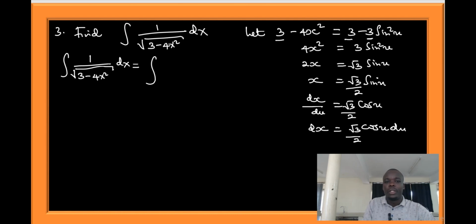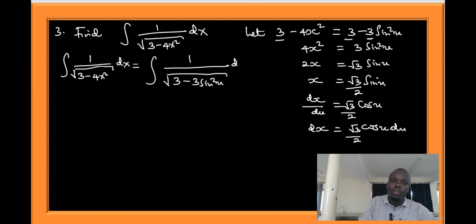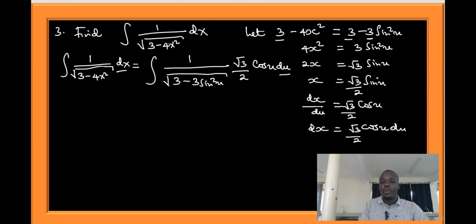So I will say integral of 1 out of square root of 3 minus 3 sine squared of u with respect to x. But remember, now the dx changes to become root 3 out of 2 cos of u du, meaning we have changed the variables and therefore the respective integration changes from x to u. That is why we have dx here and then we have du there.